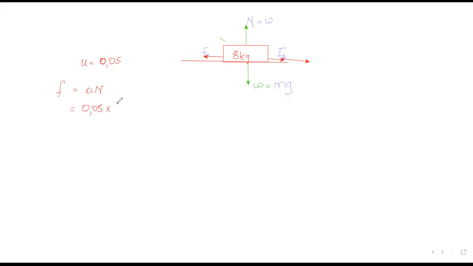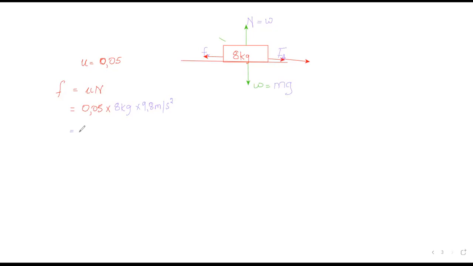Now, here the mass is 8 kg and the gravitational acceleration is 9.8 meters per second squared.